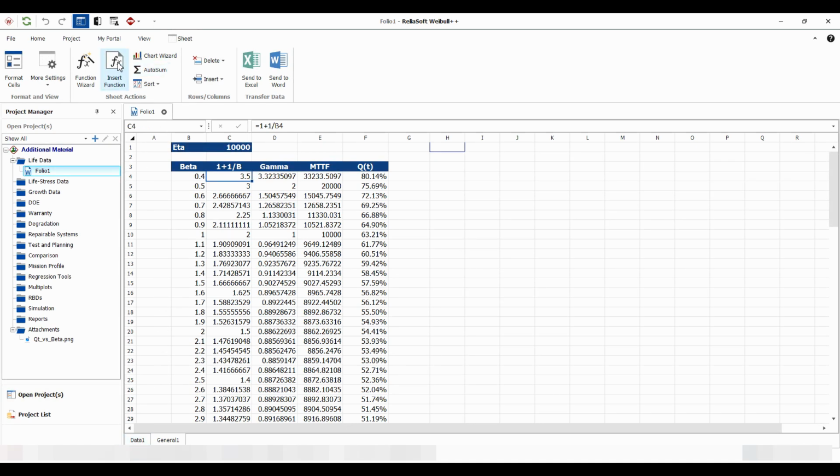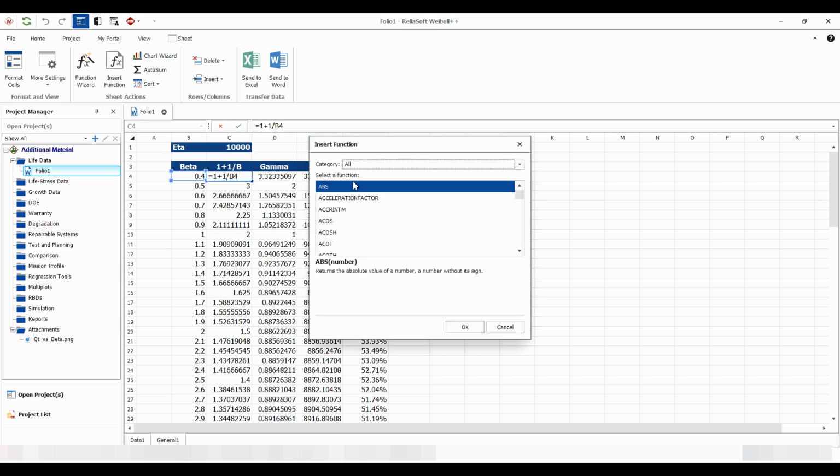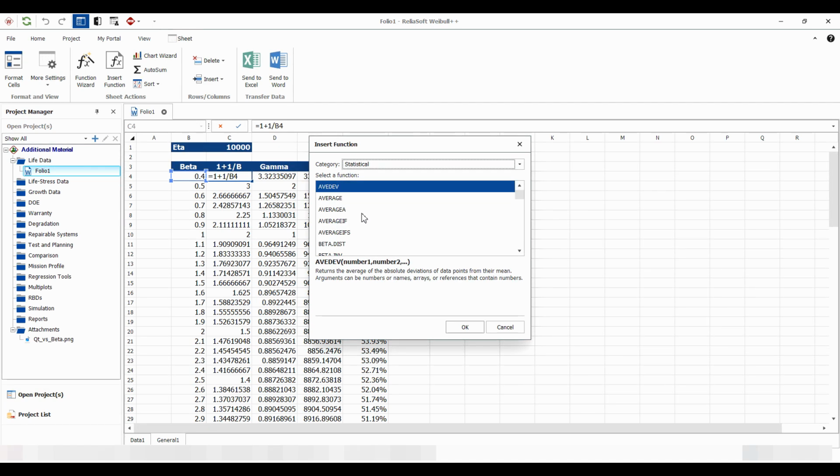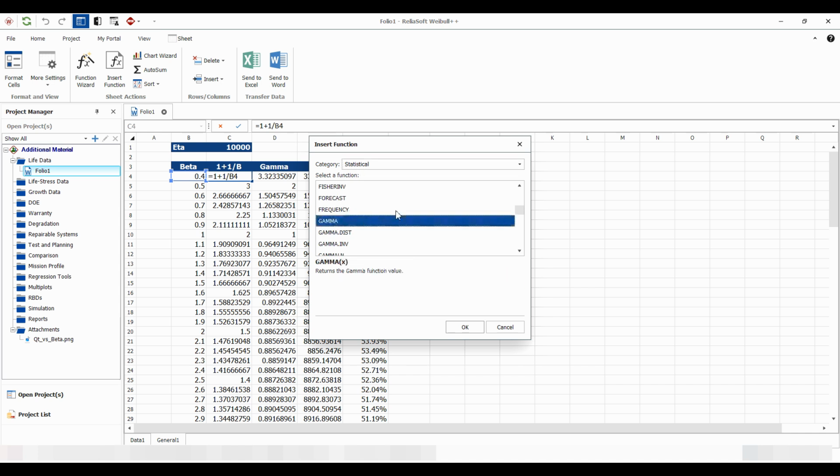So we use instead this insert function, which enables us to insert mathematical, statistical and engineering functions. We are looking for a specific function, and we go searching, and somewhere under the statistical ones, we find our gamma function.